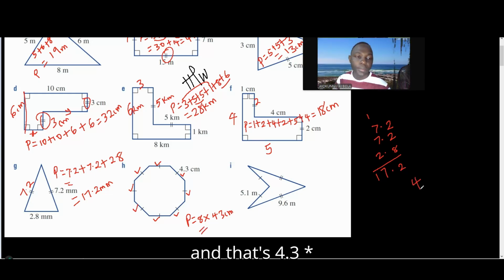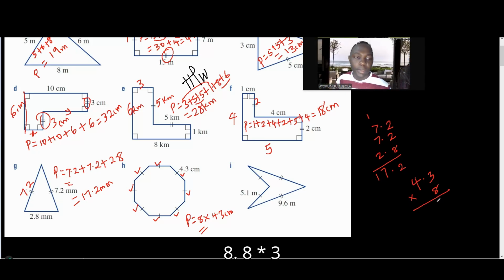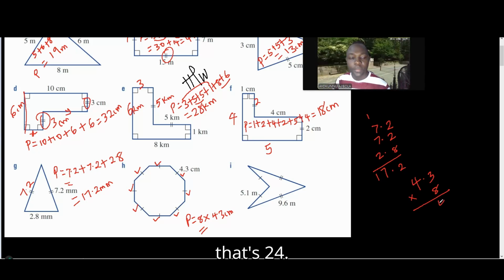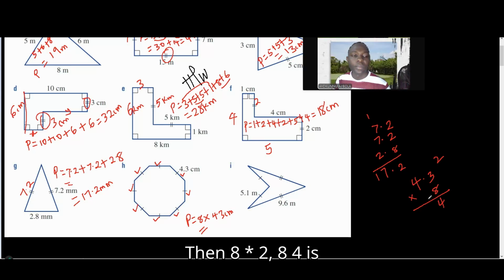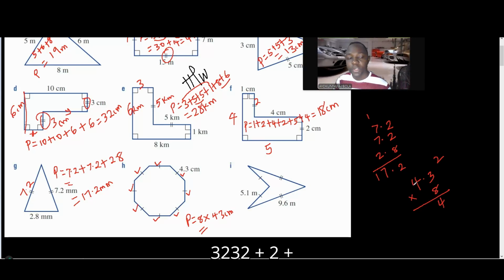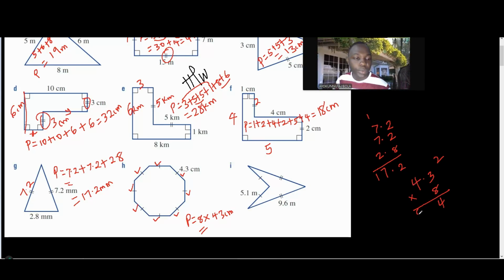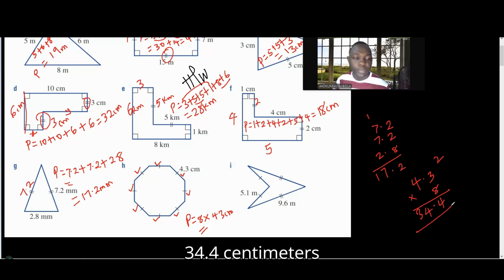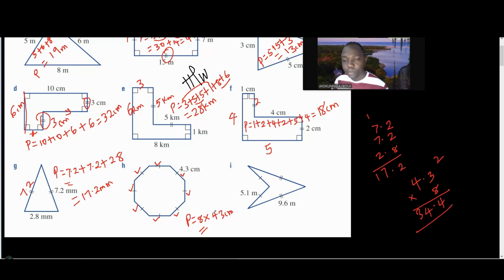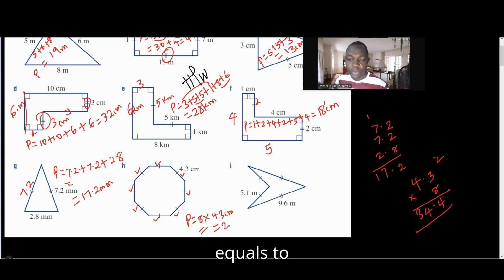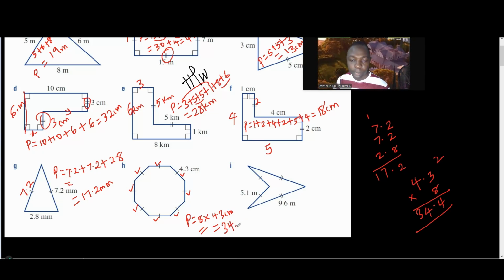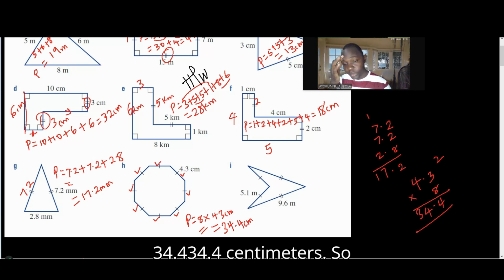And that's 4.3 times 8. 8 times 3, that's 24. Then 8 times 4 is 32. 32 plus 2, that's 34.4 centimeters.